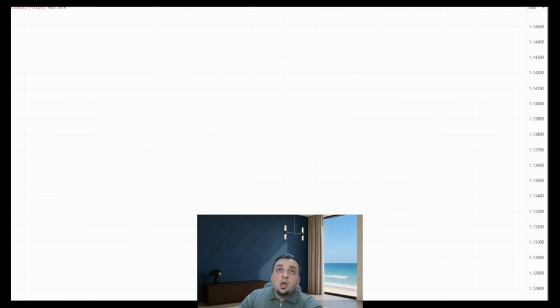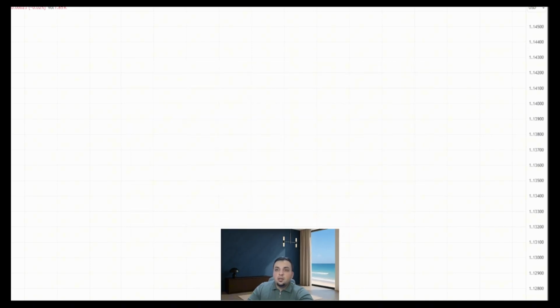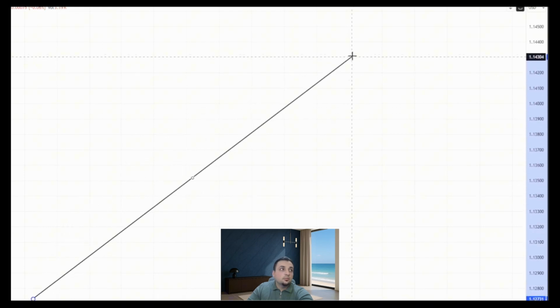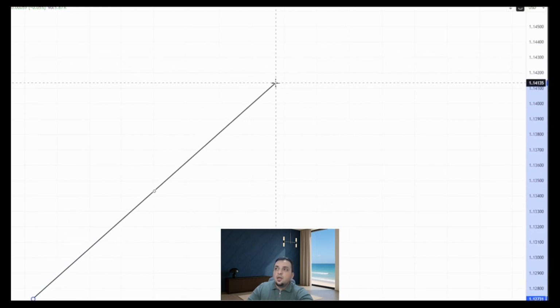Alright, so for me to explain why manipulations like this occur, we need to understand the maximums and minimums, the trend lines and the pullbacks. So for example, let's draw a trend line up. Okay, this is a trend line up, and we have a maximum.